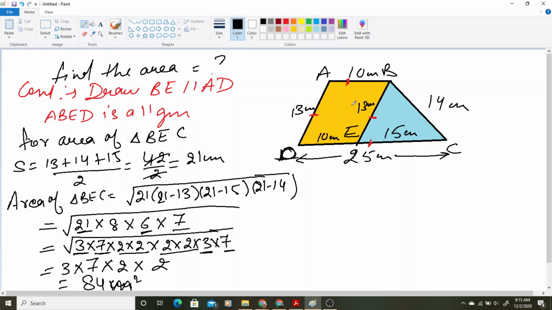Now just see one thing, if I draw a height inside this triangle, this one, this height suppose I am taking of this triangle.